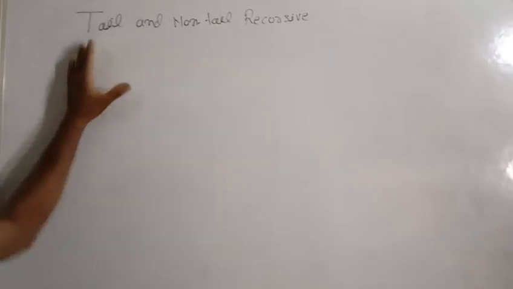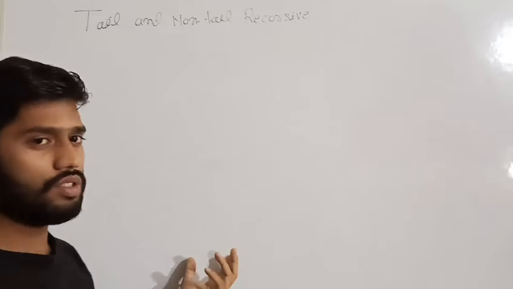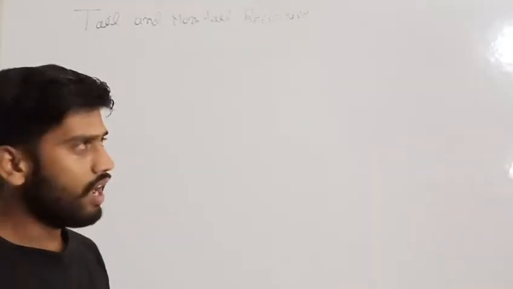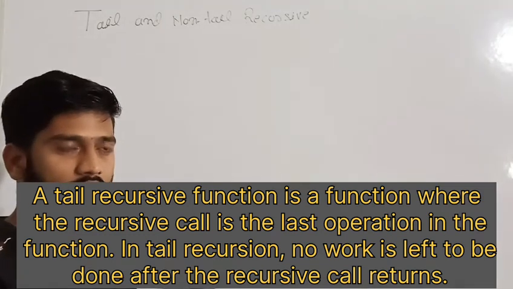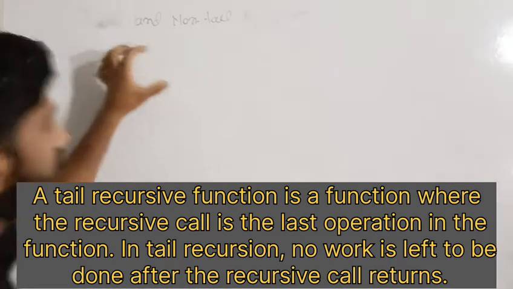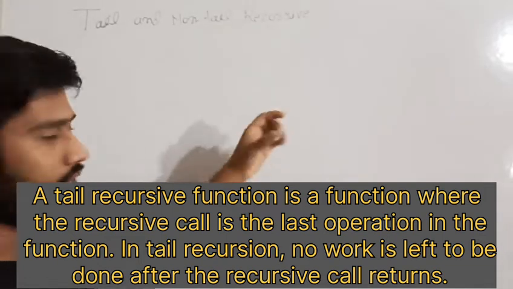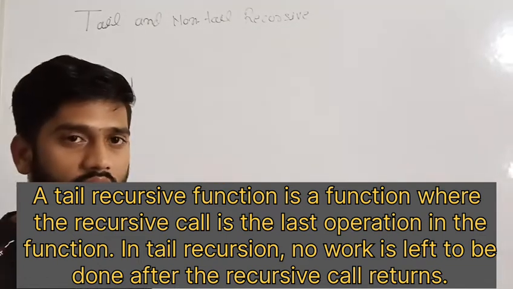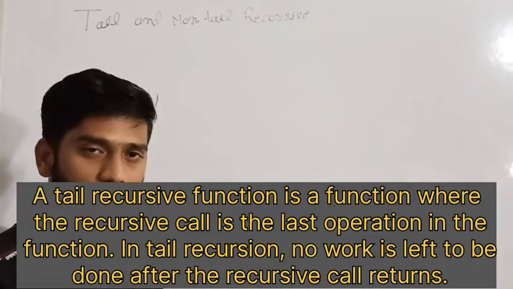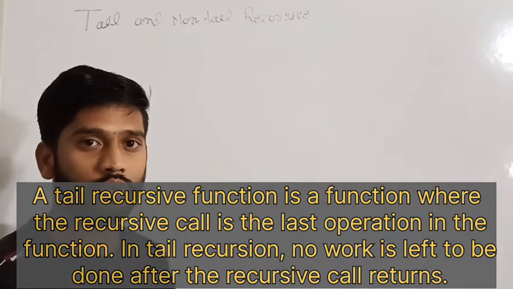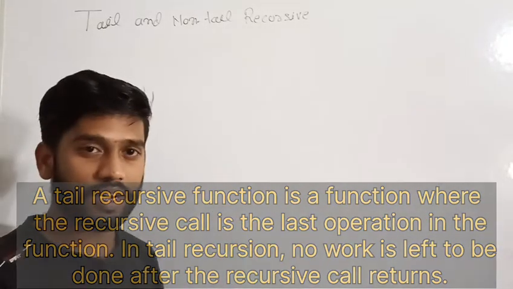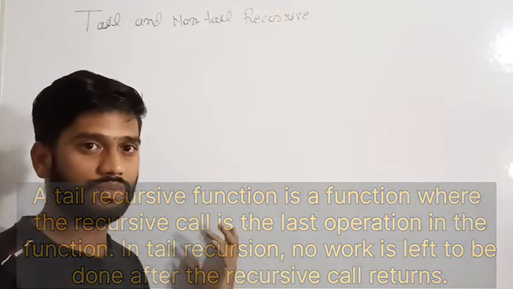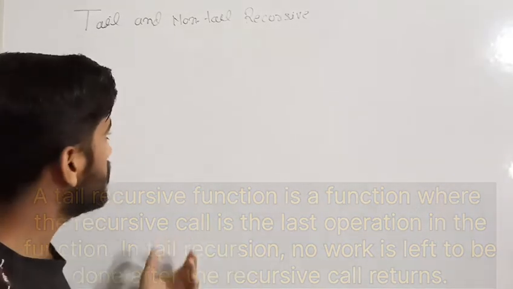A tail recursive function is a recursive function in which the recursive call is the last thing done, and after the recursive call there is no need to store and maintain the previous data and previous state. Now let's understand with the help of examples.